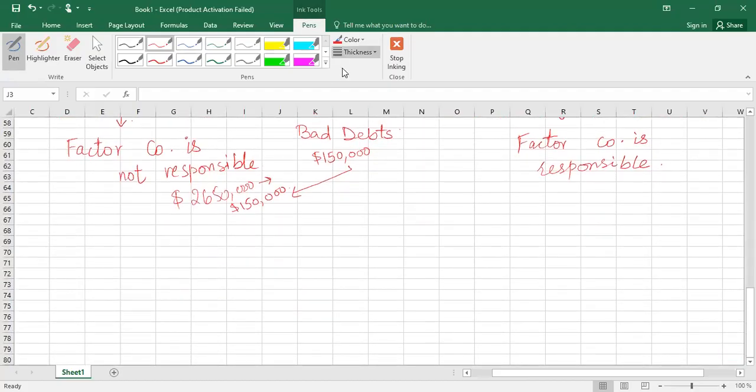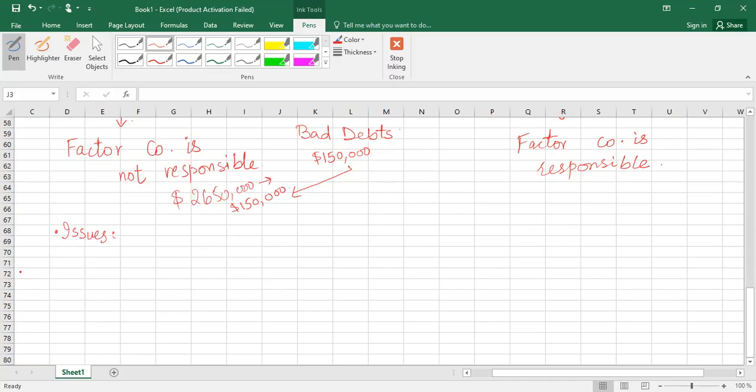Now there are different issues which are related with the factor companies, or we can call these as advantages or disadvantages. Whenever a company is moving towards the factor company, it is not an easy decision for an organization because when you are heading towards this arrangement where you are involving an external organization in your receivables matters, which is a very sensitive matter because your business is relying on your customers.